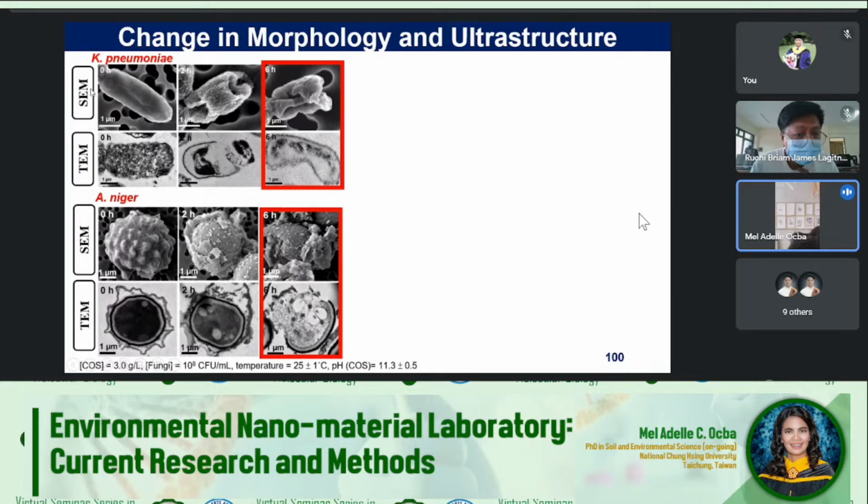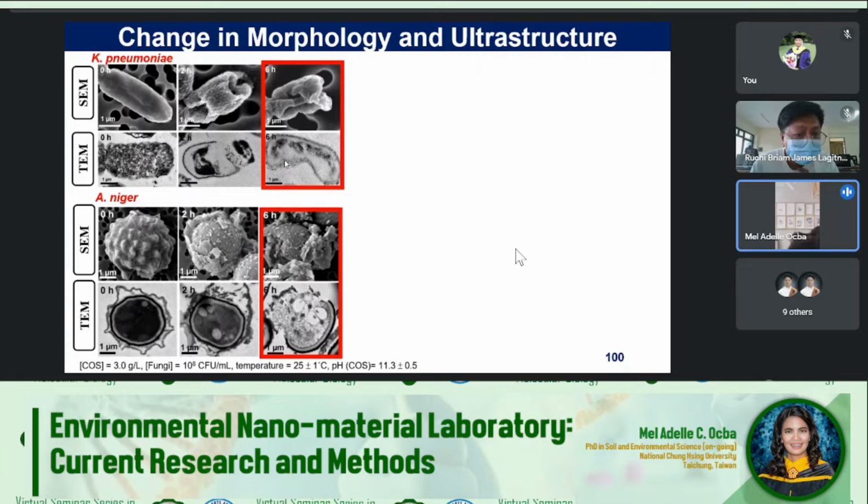For the SEM, we will just see the surface morphology, but we will not know what happened inside the cell. If we use this TEM instrument, we will know the structure of the cell inside.